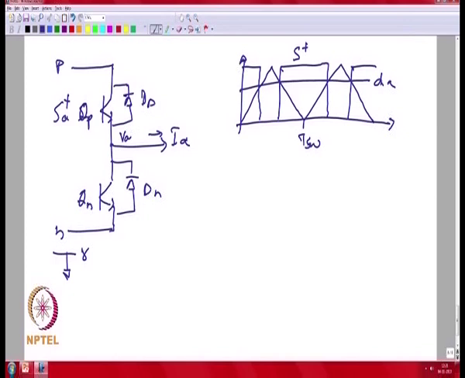In the midpoint topology that we considered on a single phase basis, we had considered the neutral to be the center point, which was the reference.